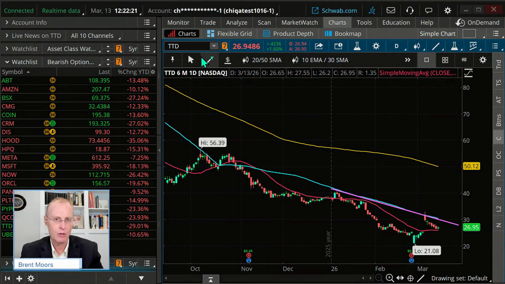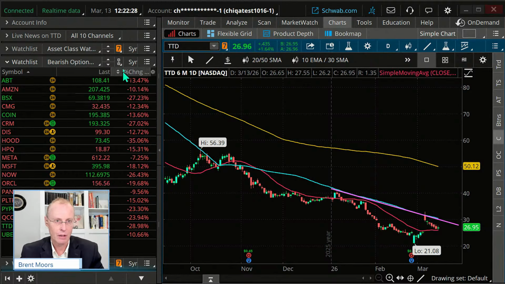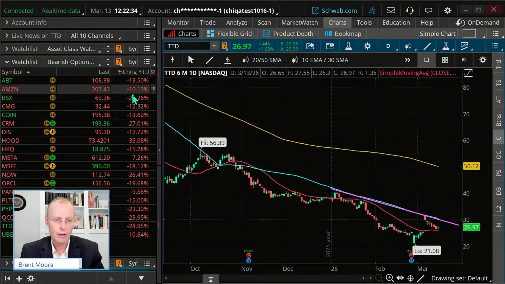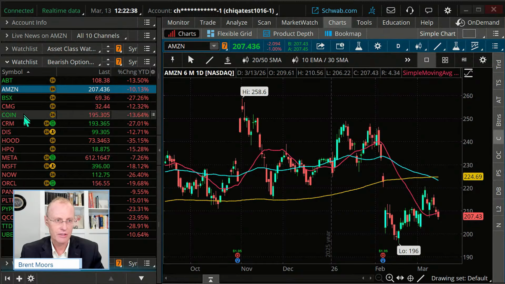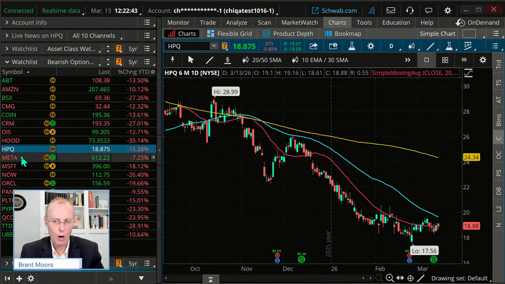I have an orange 7. You can pick your favorite number or color, just make sure they're the same there and there. If they're not linked, it looks like that. Just click on that and pick purple 5 or whatever. It doesn't matter. Then you can just go down like this and see, do I like these or not? Are these giving me what I want?